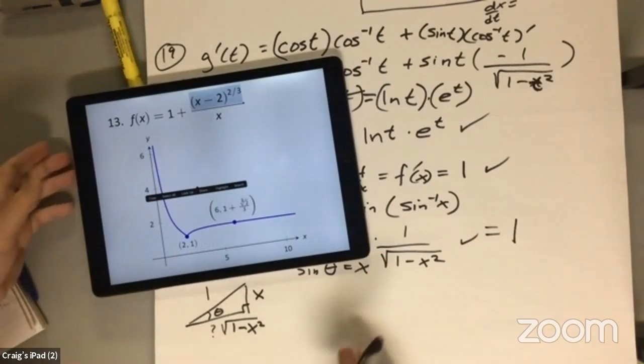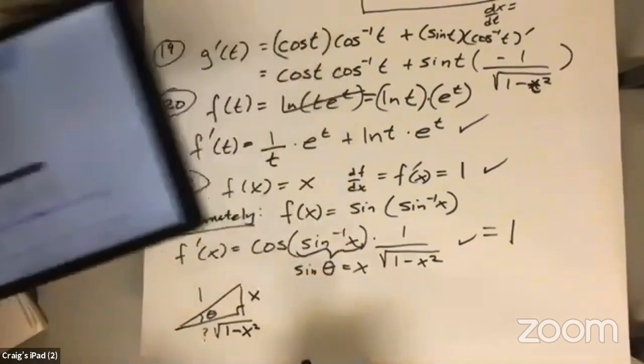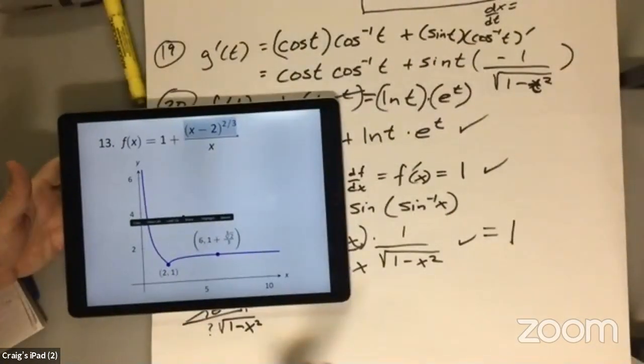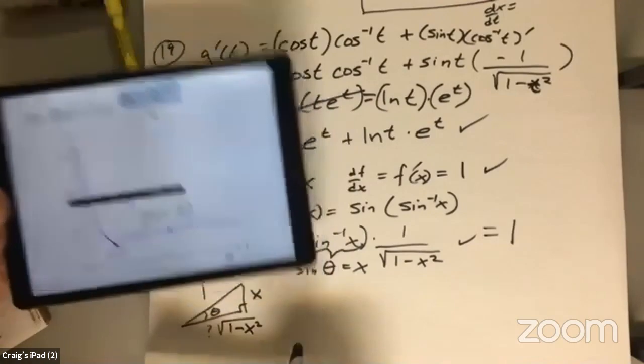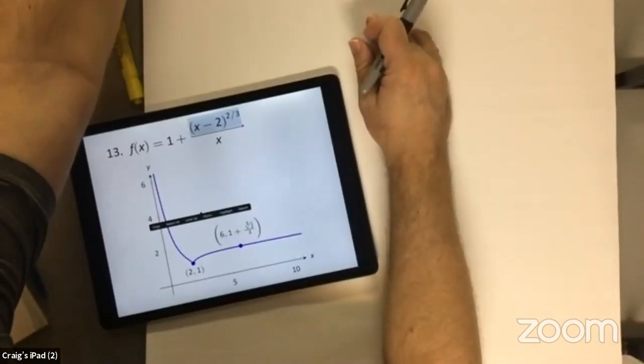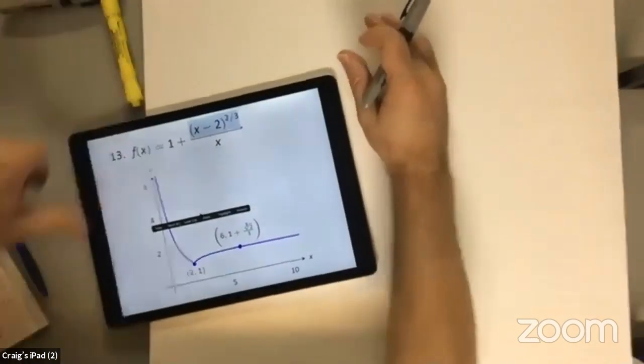So I'm going to do that on another piece of paper here. Yeah, I doubt I'm going to get all the algebra done in this piece of paper. So let's make a little bit of a mess here. Do the calculus, do the algebra.